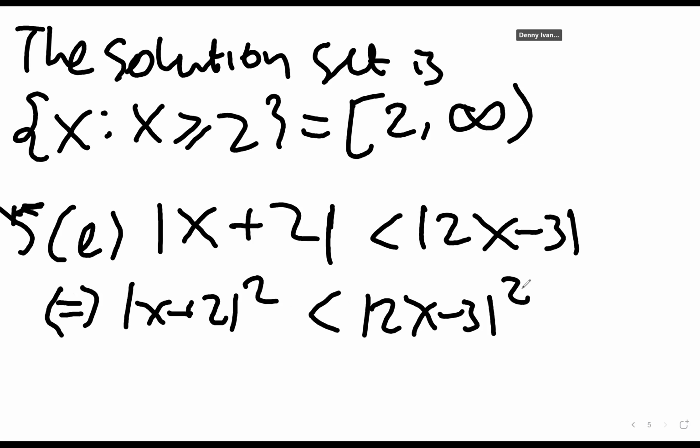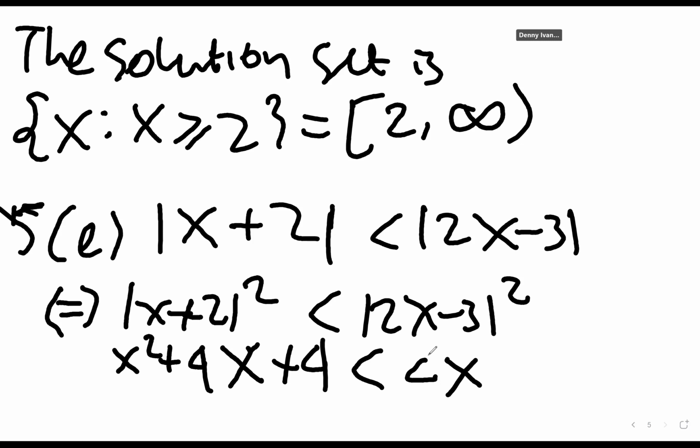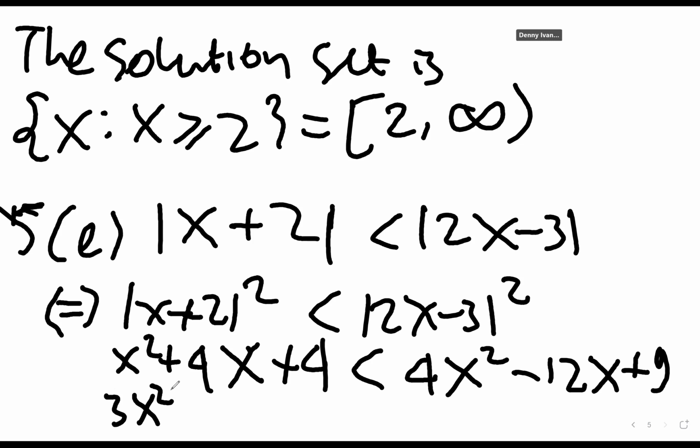Okay, and then next, if I take the square of this, then I get x squared plus 4x plus 4 is less than 4x squared minus 12x, right? Plus 9. Okay, of course, we can simplify this to become 3x squared minus 16x plus 5 is greater than 0.